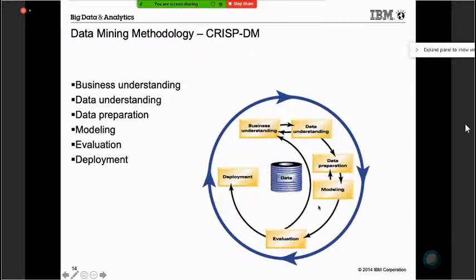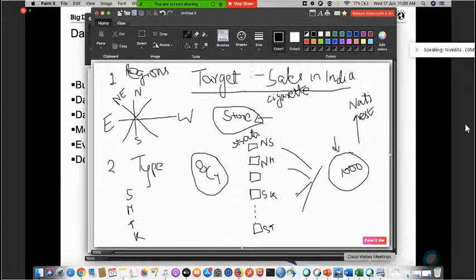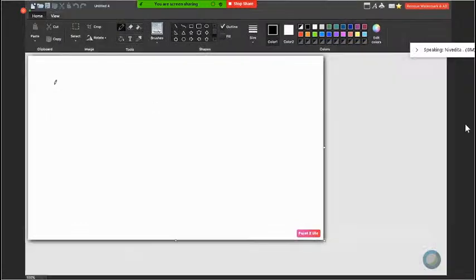Once we build the model, let's say we tried 5 models. Out of these 5 models, we choose which one is better. Evaluation. Why do we have to do the evaluation of the model? Because let's say I built my model on the May data.